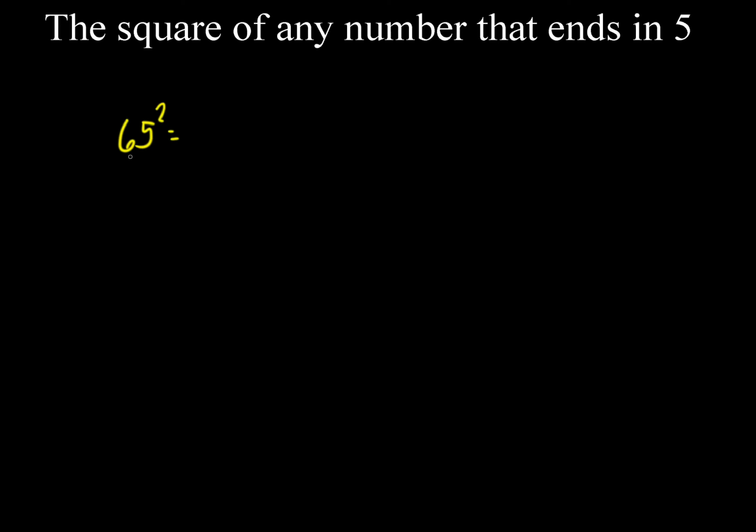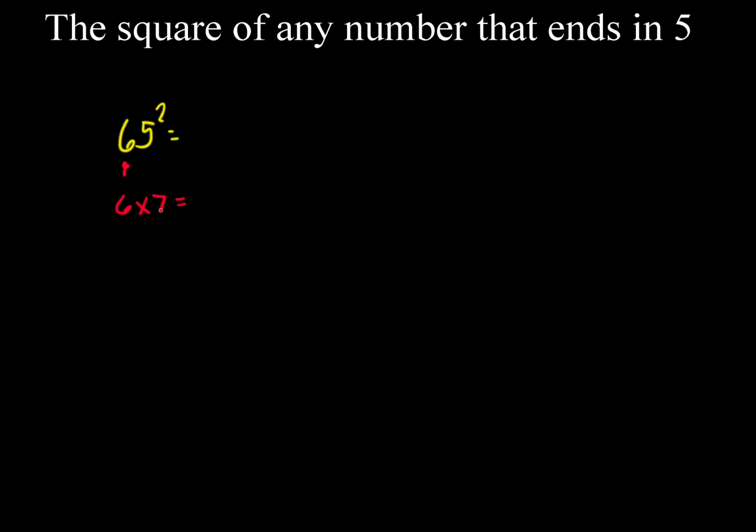In this case, all we need to do first is take a look at the number before your 5. So in this case, we got 6. We write down our 6 and then we multiply that with the number that we get when we add 1 to 6. So 6 plus 1 will just give us 7.